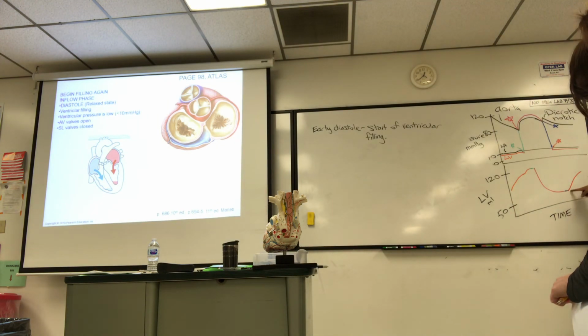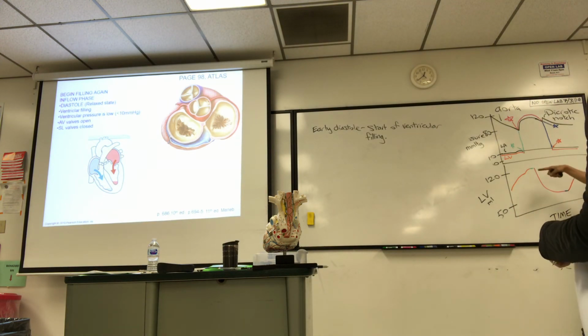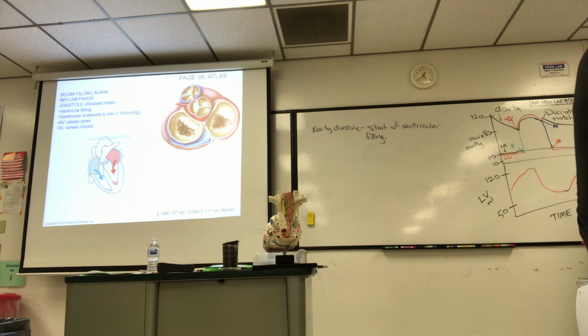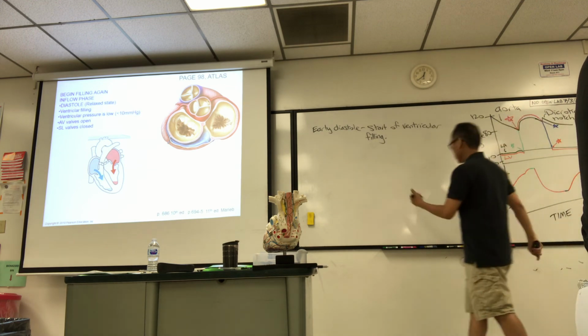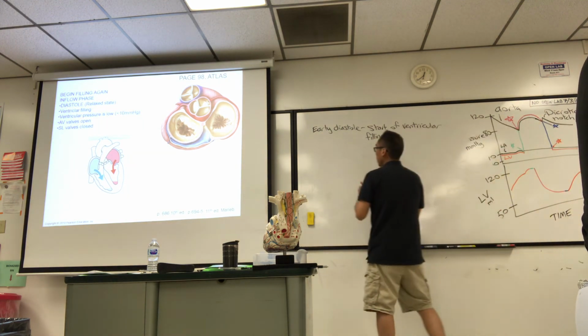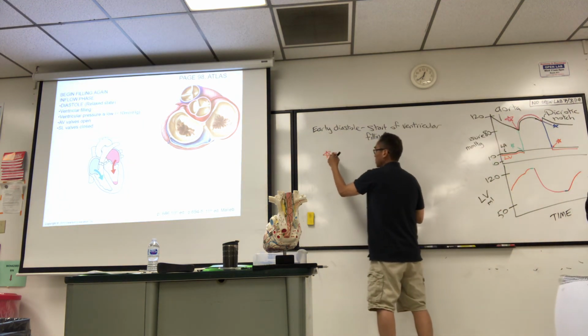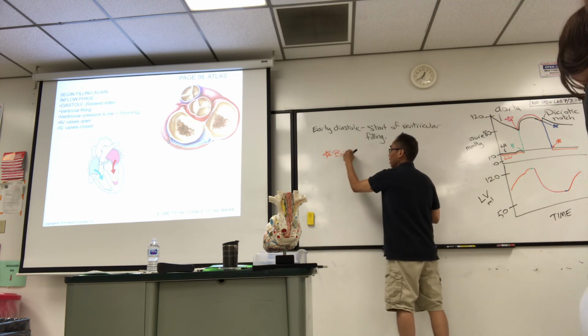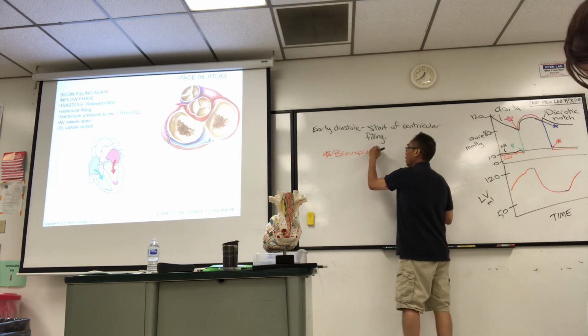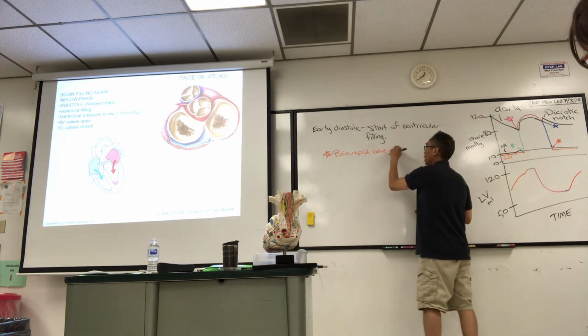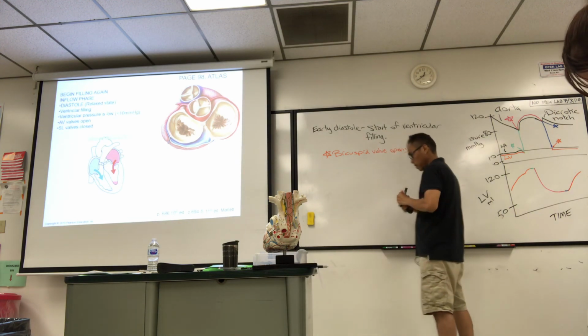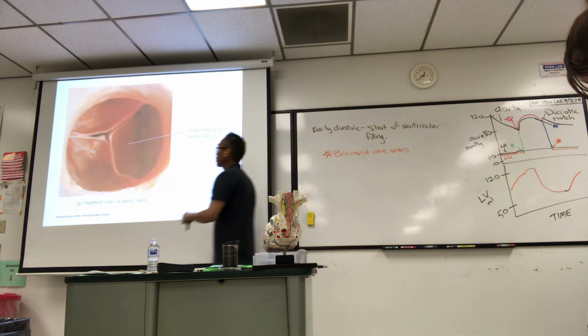You're at 50, you want to refill, and eventually you want to get to 120 again and start the whole thing over. Okay? So again, the orange star, bicuspid valve opens. And that's the entire cardiac cycle.